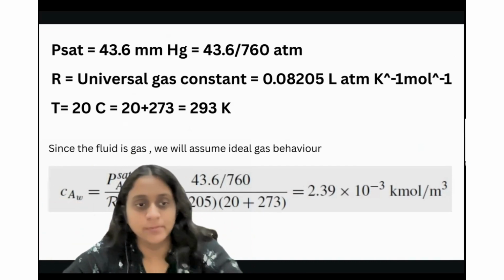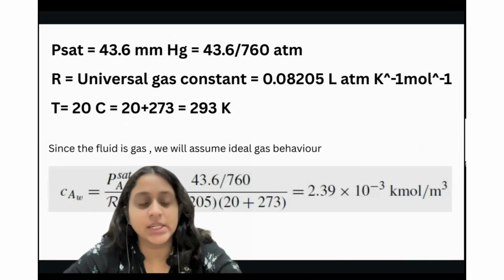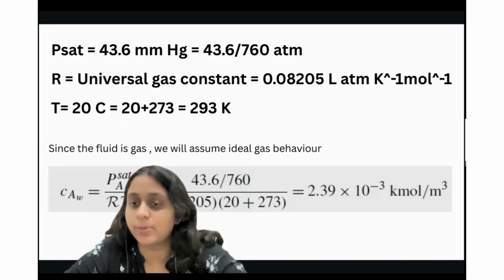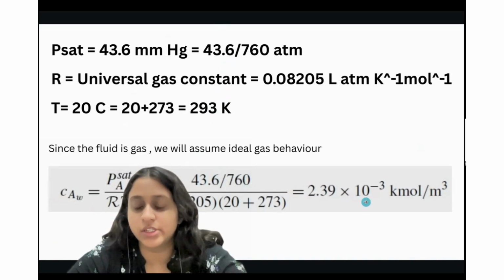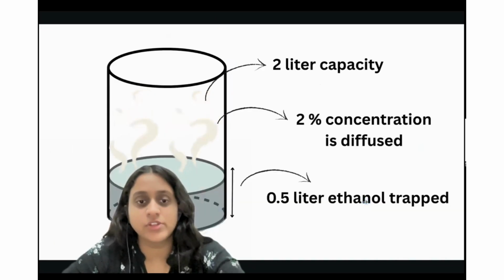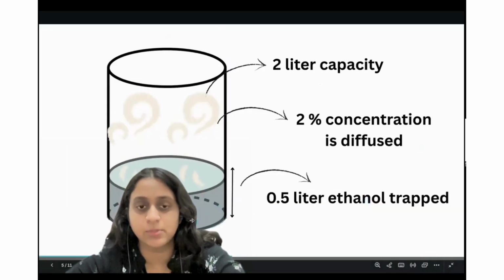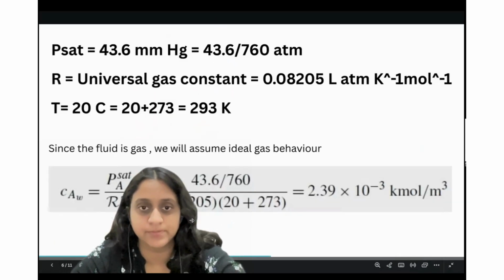Correct? So C_AW will be P_A saturation upon RT. Now, put in the values which we calculated at the top, and we get the concentration of the ethanol trapped at the bottom of the cylindrical tank.